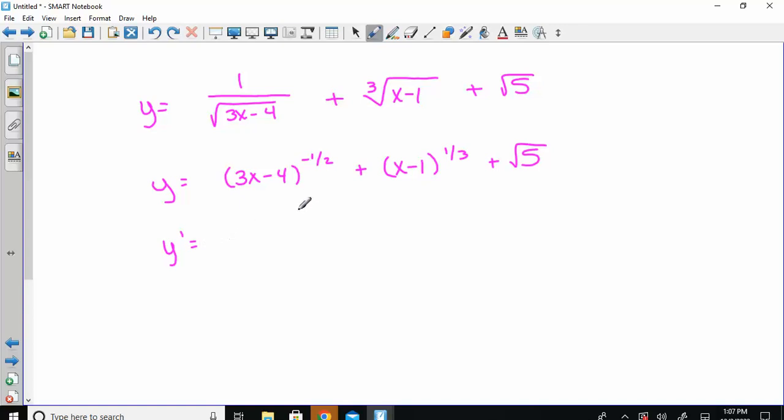So when you do your derivative, 3x minus 4 to the negative 1/2. The negative 1/2 comes down. Inside stays the same. Subtract 1 from the power, so now it's negative 3/2. What else do I need there? Derivative of the inside is a 3.